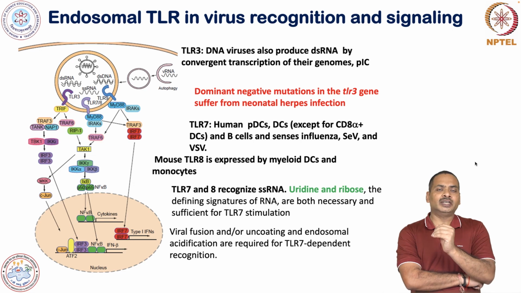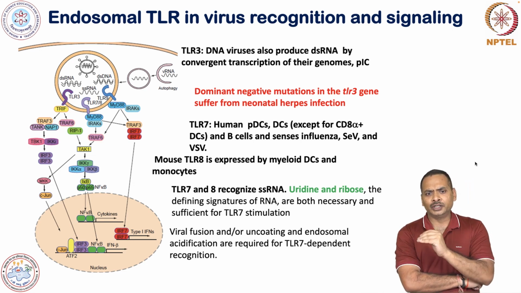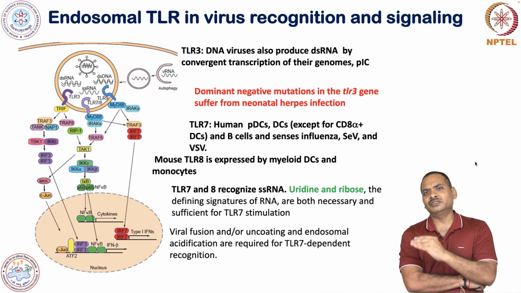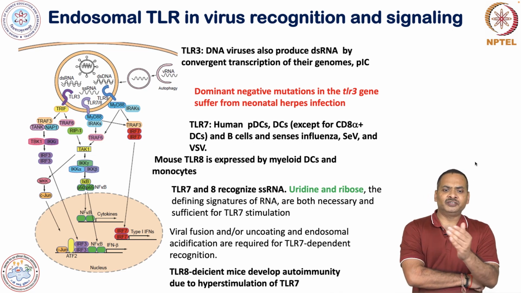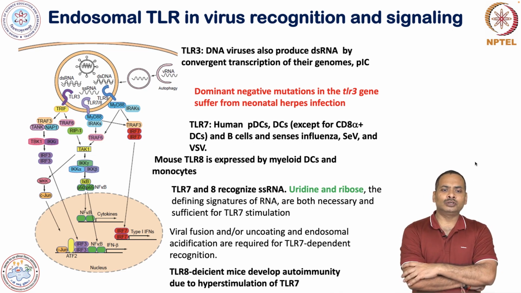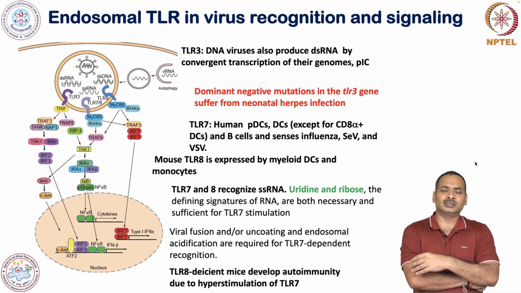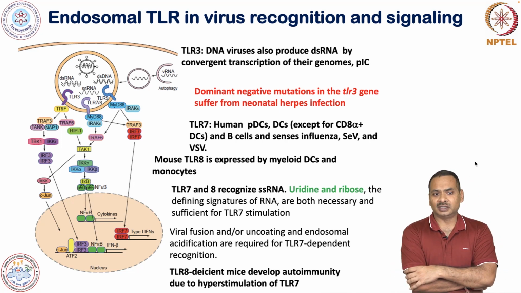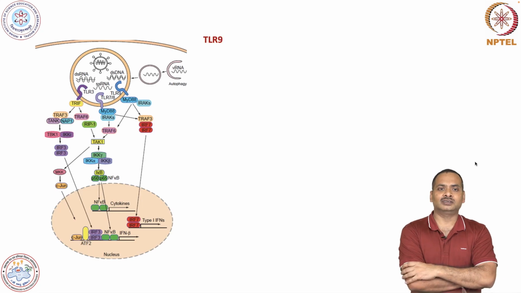Viral fusion and or uncoating and endosomal acidification is required for TLR7 dependent recognition. TLR8 deficient mice develop autoimmunity due to hyperstimulation of TLR7. These are some additional points about these TLRs, which are more specific to viruses.